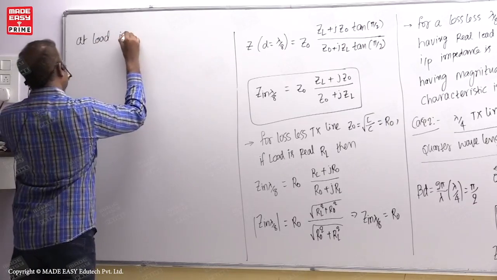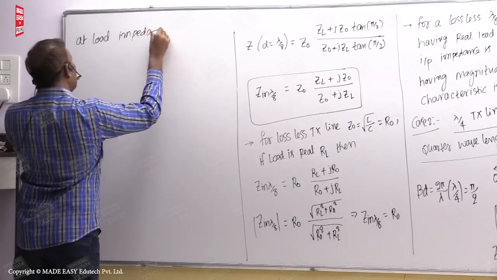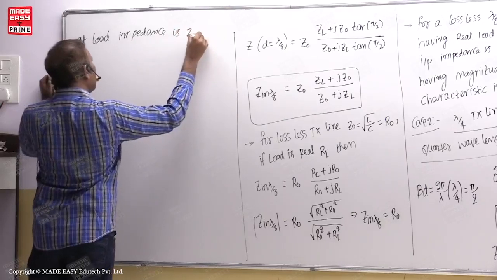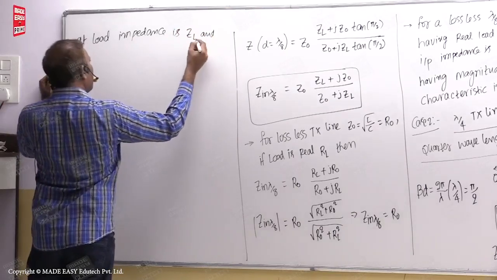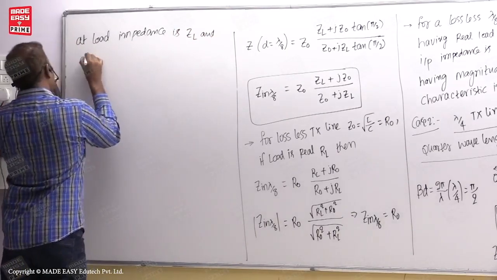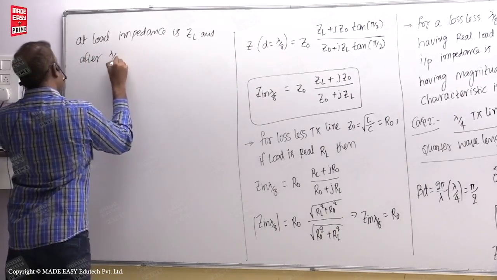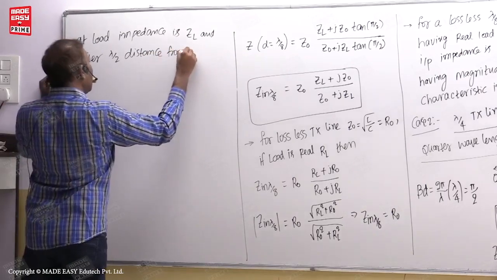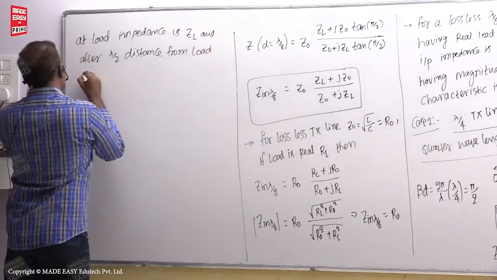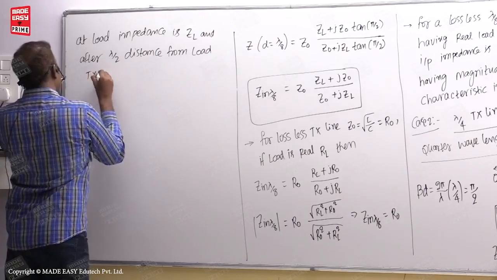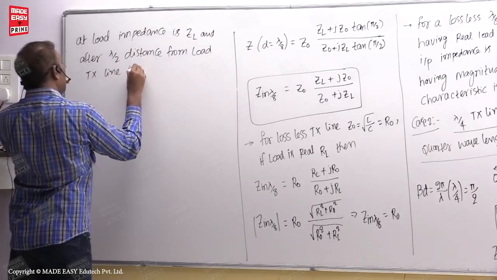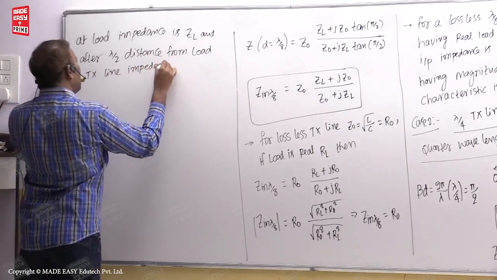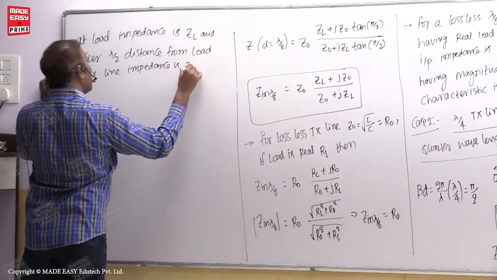At load, impedance is ZL, and after lambda by 2 distance from the load on the transmission line, impedance is ZL.